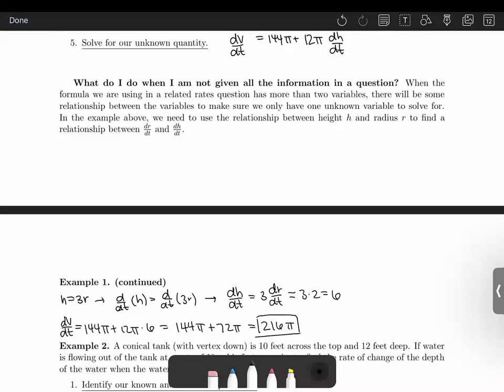Okay, so we were able to solve for our unknown quantity. So remember that our last step is to write our conclusion. So that means that we solved for dV/dt, and that represents the rate of change of the volume.